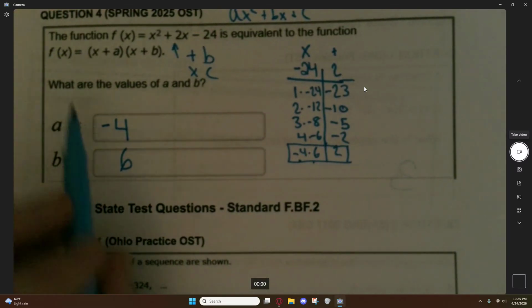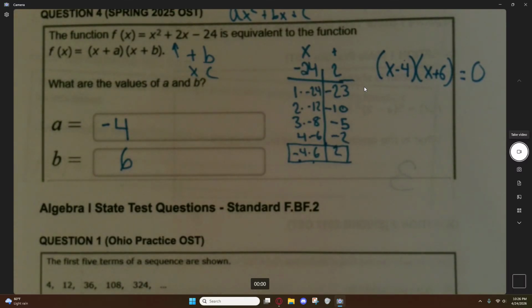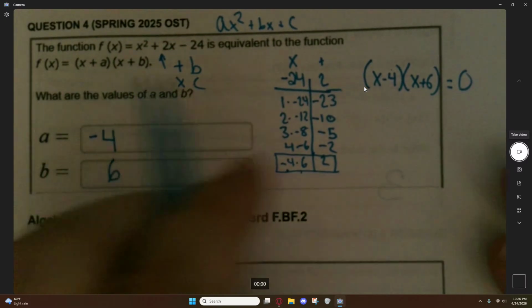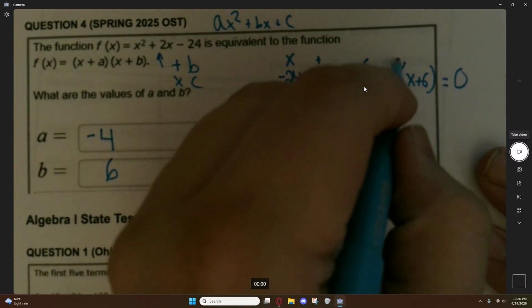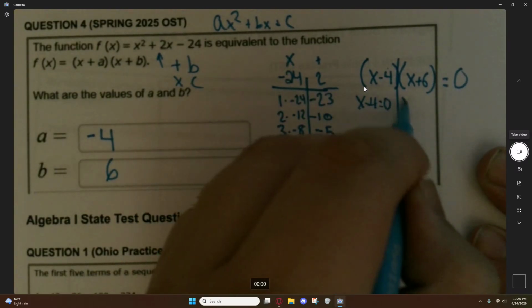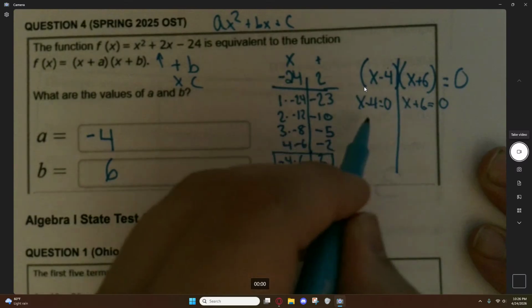And what that means is that if I took my factored form, which we found in this answer to be x minus 4, x plus 6, and I set it equal to 0, and I wanted to find out when y equals 0, I would split this down the middle. I would make x minus 4 equals 0 and x plus 6 equals 0.